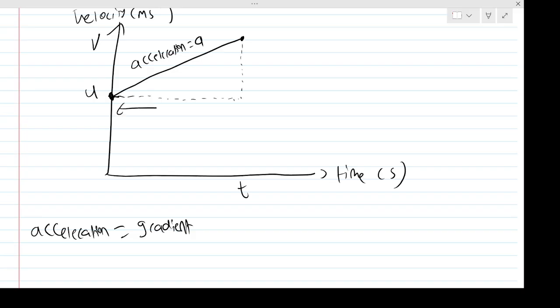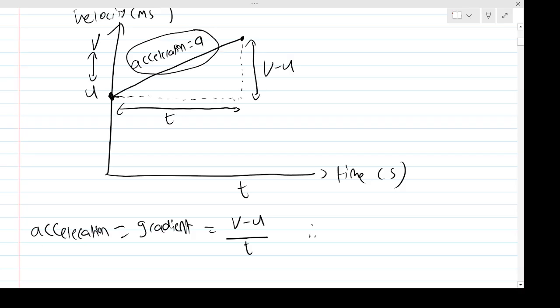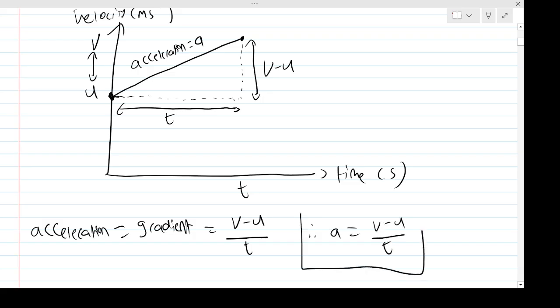Well, firstly, the change in time, which is t, and the change in velocity. Now, the change in velocity is v, this gap here, v take away u. So therefore, the gradient is the change in velocity, which is v minus u over t. But hang on, this is equal to the acceleration. So we can say that the acceleration, which is just a, is (v minus u) over t. And there we are. We got our first formula.